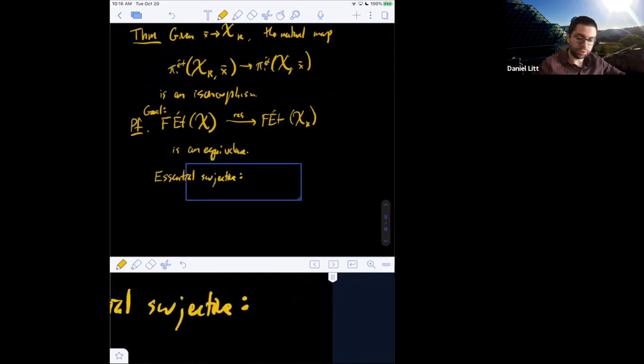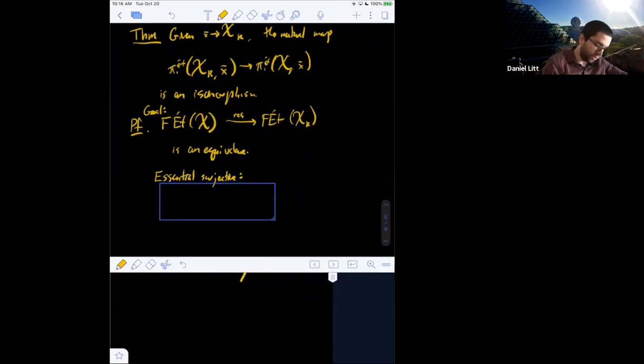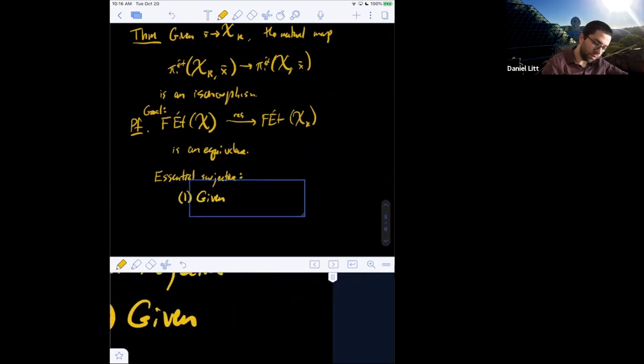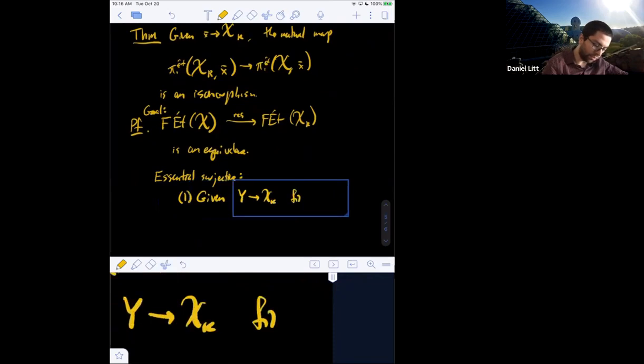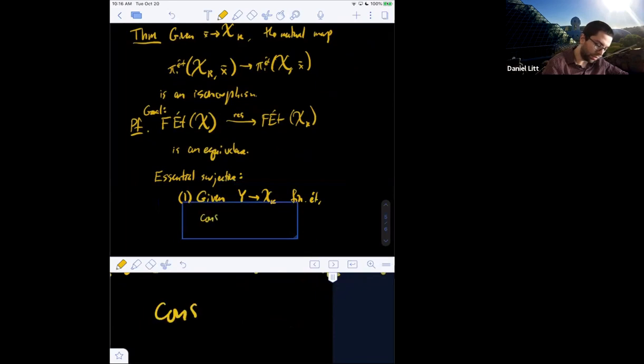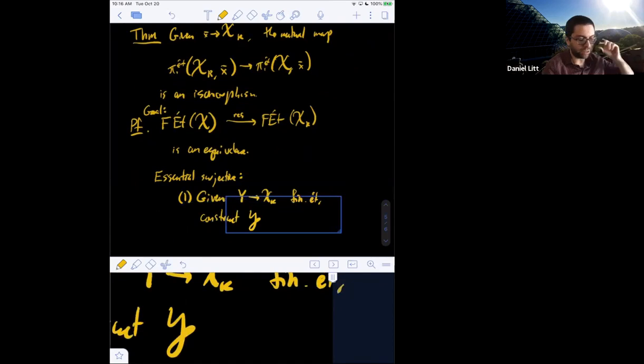All right, so why is it essentially surjective? Step one: given a finite étale cover Y to X_k, finite étale, we want to construct... Well, step one will be not to construct a finite étale cover of X, but a finite étale cover of the formal scheme obtained by completing.